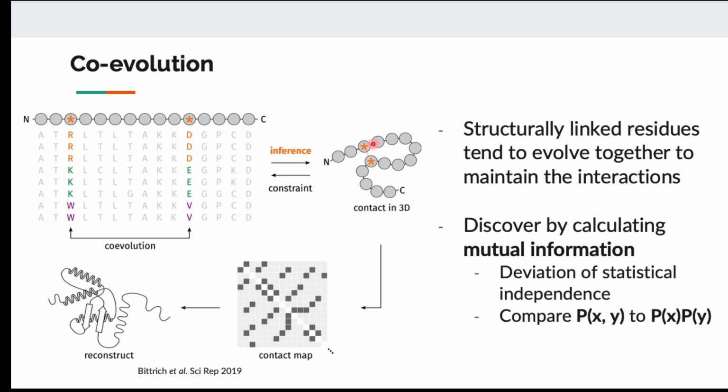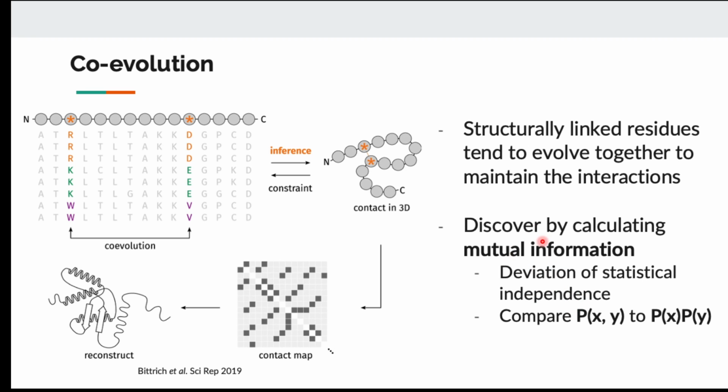So if you measure the frequency, how many times this position is arginine and how many times this position is a different amino acid, you should get statistical independence because they don't affect each other. But for positions that co-evolve, if you change the amino acid at one location, you're going to see a change in amino acid at the second position. So the distribution of amino acids between these two locations is no longer independent. We can measure the deviation from independence.